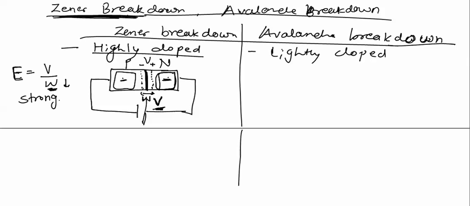So in a highly doped diode, the electric field across the depletion layer is very strong, and there may be a possibility of direct rupture of covalent bonds.